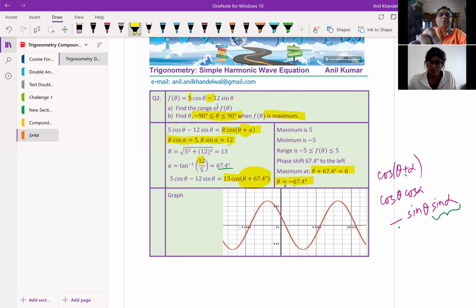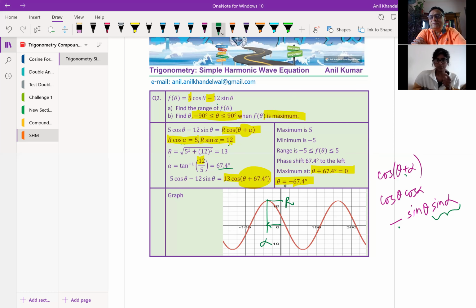So when you go on the graph, this is alpha, and this is the value of r. That is how your function is. We have just sketched the graph of this particular function. It looks like this. Is that clear to you?